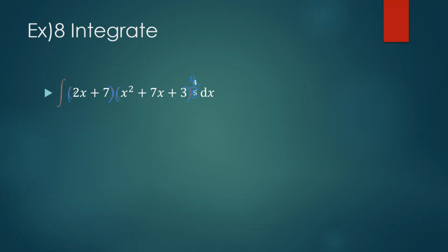Like we said before, the u is always the more complex one. So I don't think our u is going to be 2x plus 7. I think it's going to be this whole thing.